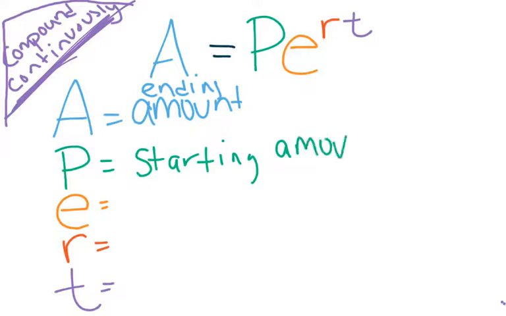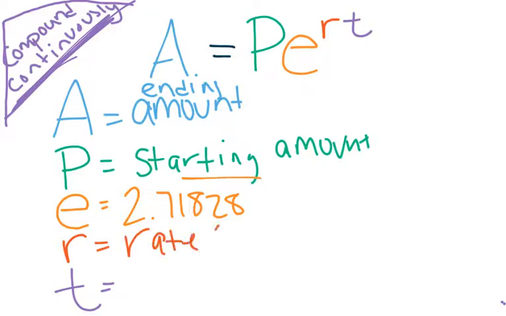E is the number E. It's in your calculator. So I forgot what it is. And you just use the button on your calculator. But if you have forgotten, it's like 2.71828, and then it keeps going on forever. Okay, R is rate.